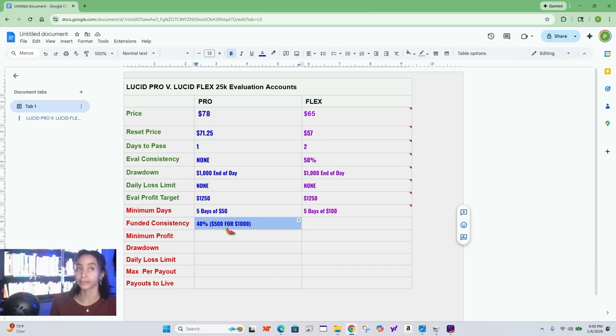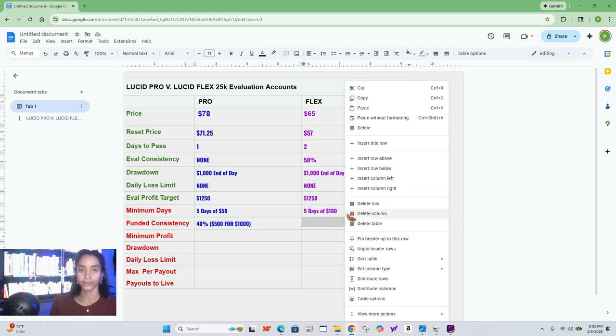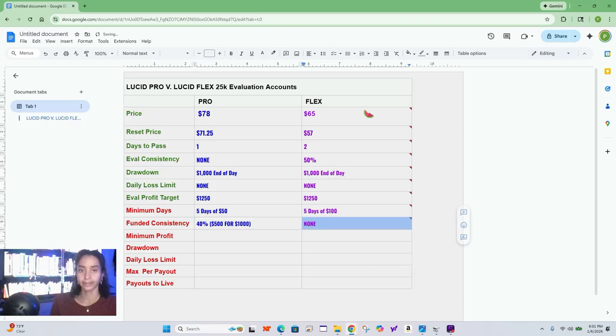But of course, that number does change depending on the actual amount of profit that's in your account when you do make the payout. Now, for the Flex account, there is no consistency in the funded stage.